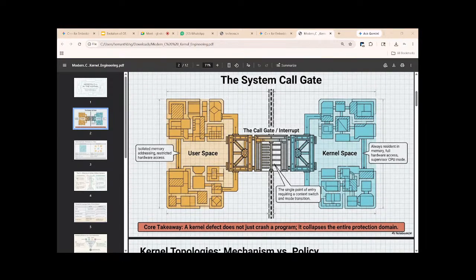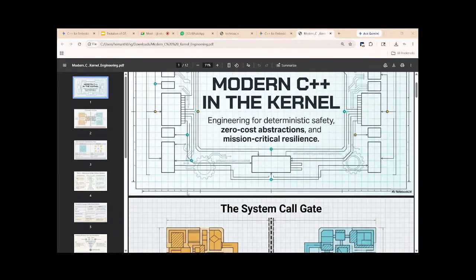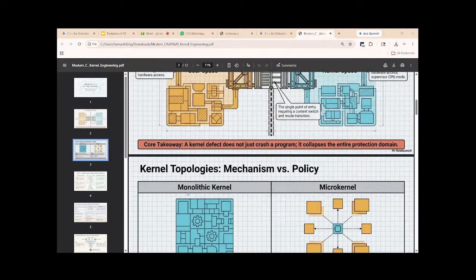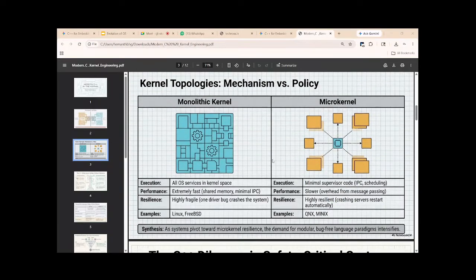Just in a few minutes, note down all of these topologies. Yeah, this one. Just note this down and let me know whenever you have got the notes, and let's start the remaining.